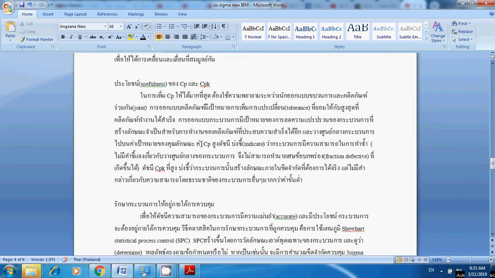The CP index indicates that the process has the ability to repeat.